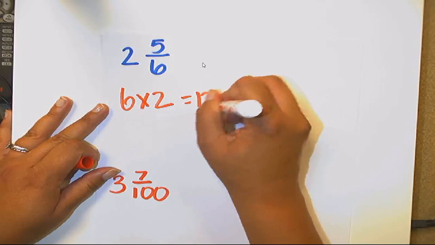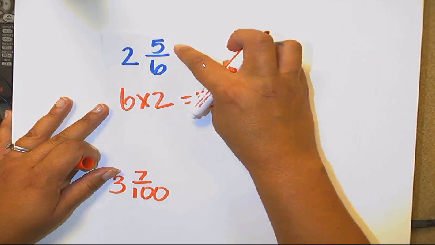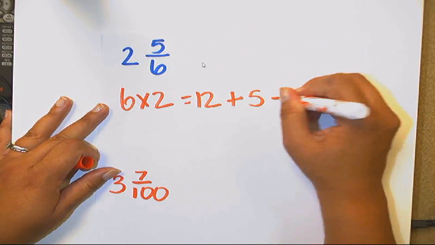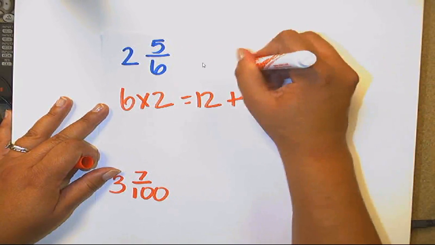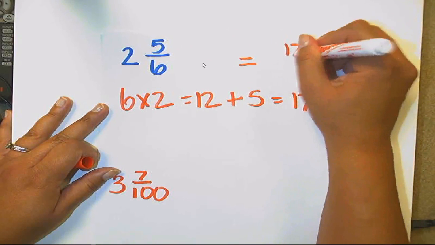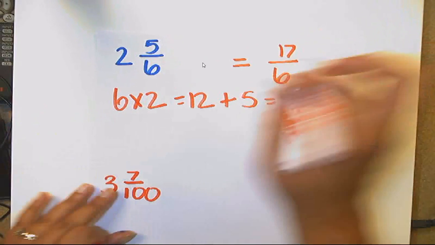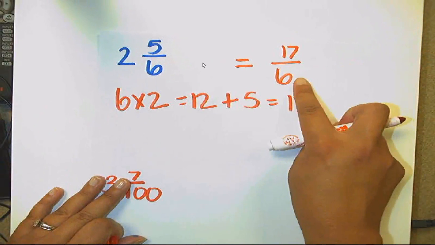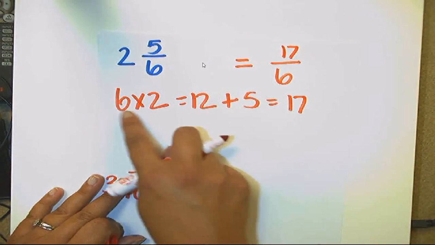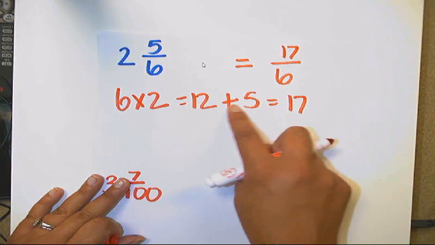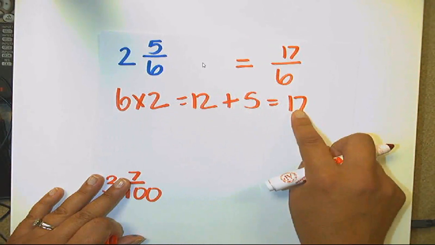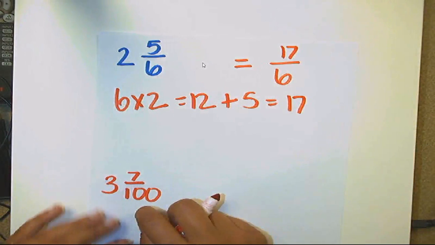That gives you 12. Then you're going to add your numerator. Gives you 17. So your answer is 17/6. Again, the denominator just comes right on over and remains the same. And the result of this math down here, this 17, becomes my new numerator.